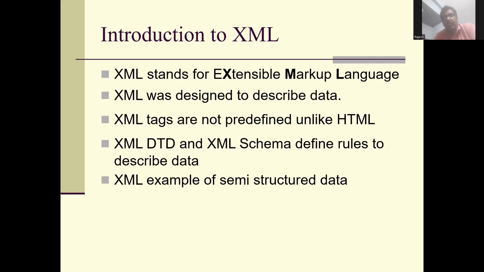And a lot of web technologies are there. This is a very important one, because whenever you want to represent data in a standard format to exchange between different types of applications on the internet, we will use XML, right?